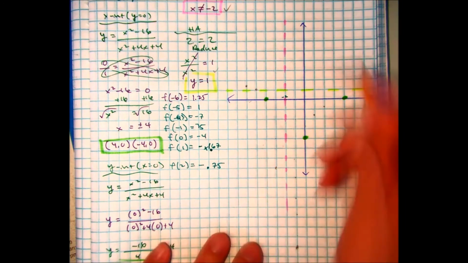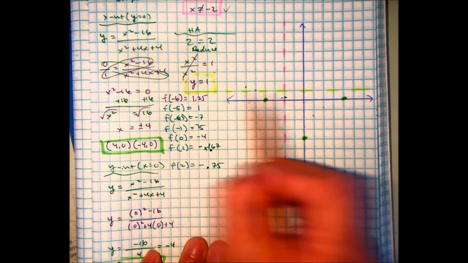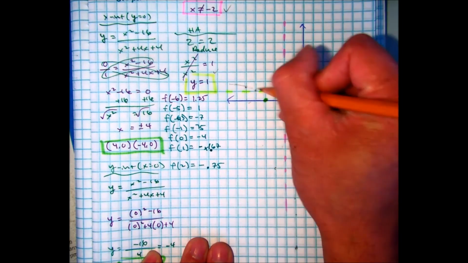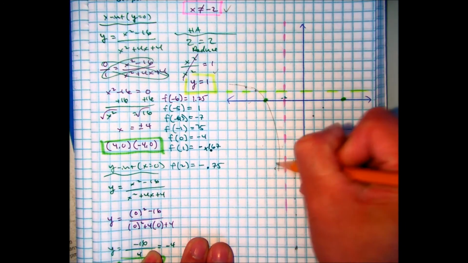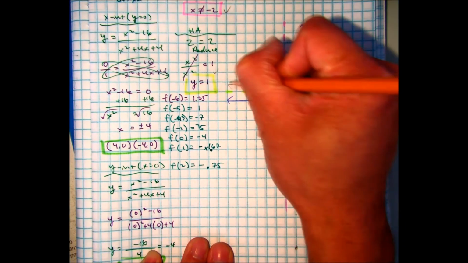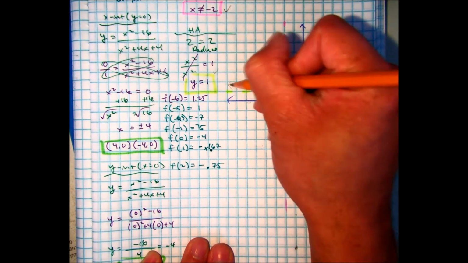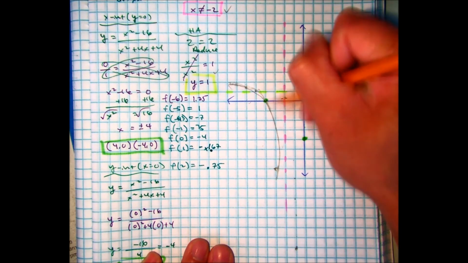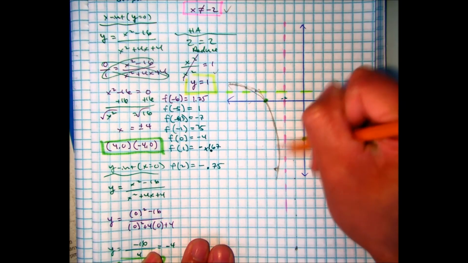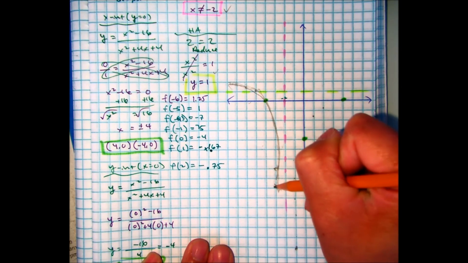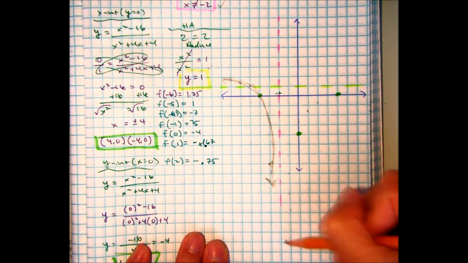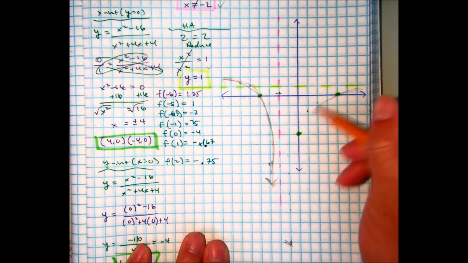Okay, so this is what I think it'll look like, but I'm a little bit hesitant because of that horizontal asymptote, right? If you miss like I did right here, just make your lines bolder. It's like an art class. And then this one looks like it comes up. Do you guys see it?